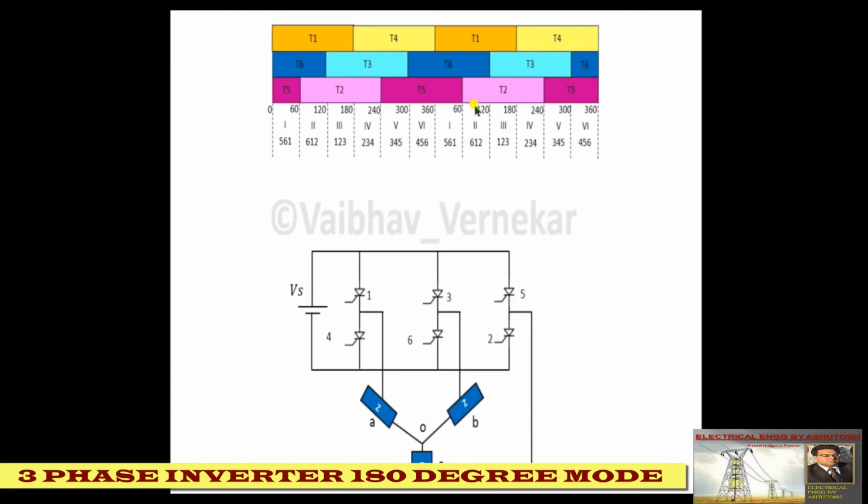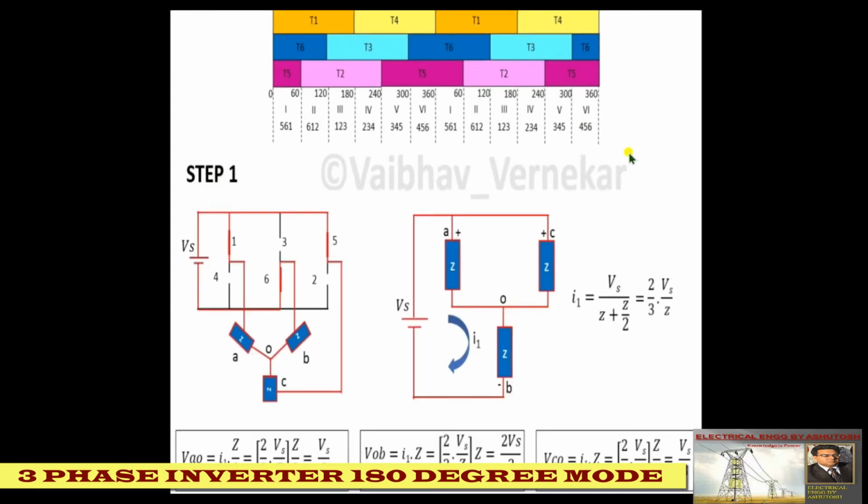For T5, it is from 240 to 420 degrees, and for T2, 60 to 240, as you can see here. Now see what happens in the first phase.